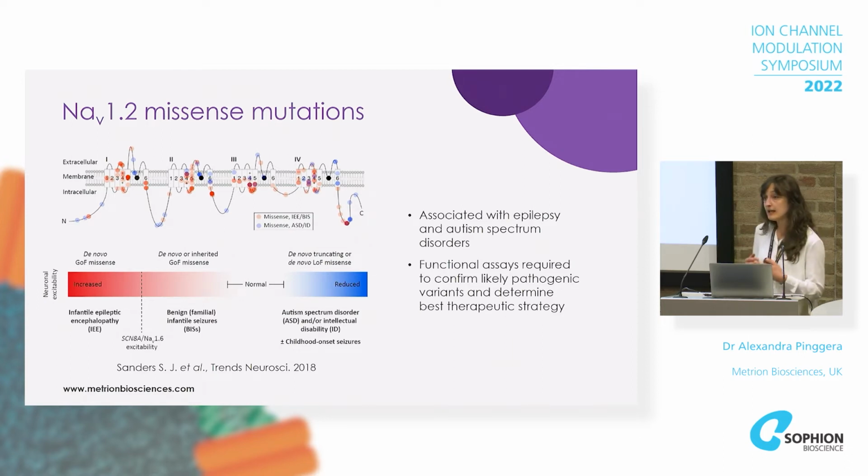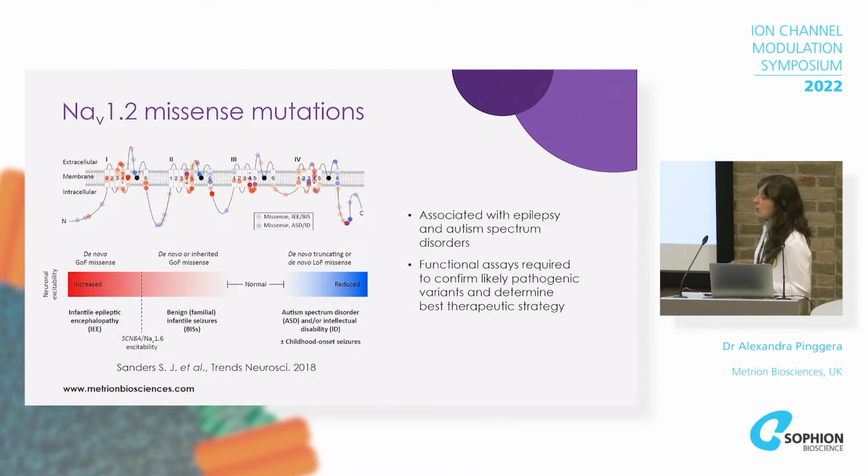In terms of gain-of-function mutations, there seems to be a correlation between the severity of the variants and the severity of the disorders. Gain-of-function mutations causing a very drastic functional effect have been associated with infantile epileptic encephalopathy, a very severe disorder where epilepsy starts in the first year of age and then persists, and these individuals also show a severe neurodevelopmental delay.